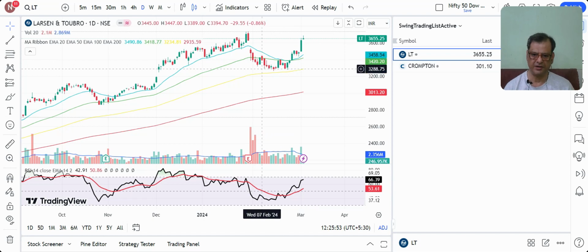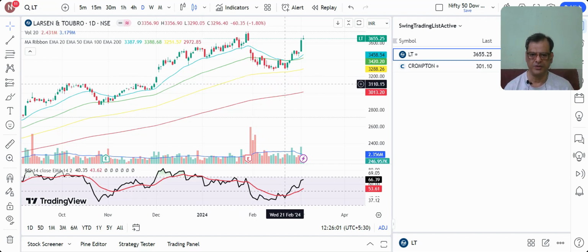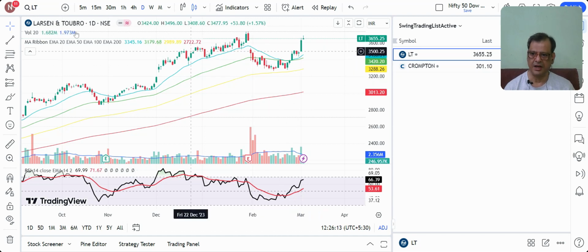The volumes have started reducing here. The volume is high, reduces for a bit, then comes down. The volume is below the 20-day average.